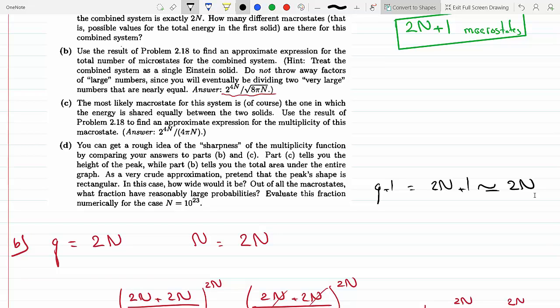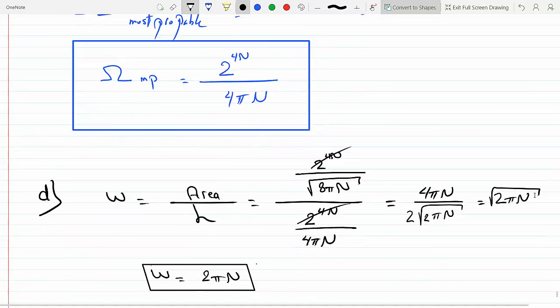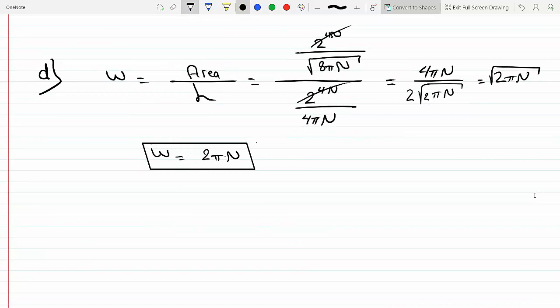Well, if I take my answer and divide it by this number of macrostates, I would see how many of them have a significant probability. So that means it's 2 square root pi n divided by 2n, right? And of course this would be square root 2 over 2.